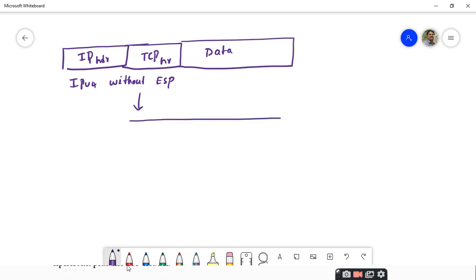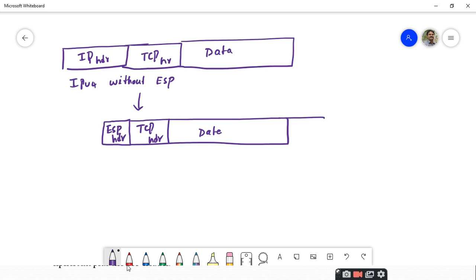I told that the TCP header and the data remain the same, and ESP header is going to be added, preceding the TCP header, and ESP trailer is going to be added at the end of the data.